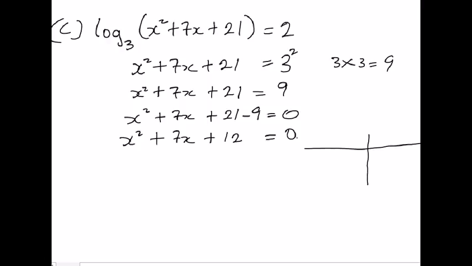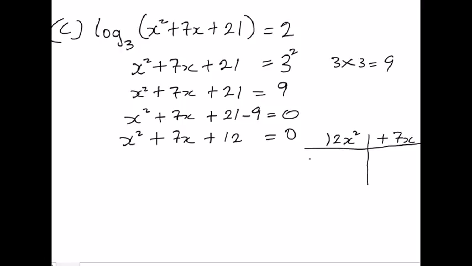I will use the factorization method to solve the question. We now have x squared multiplied by 12 will give us 12x squared. Then we have plus 7x. What can we multiply together to give us 12x squared?